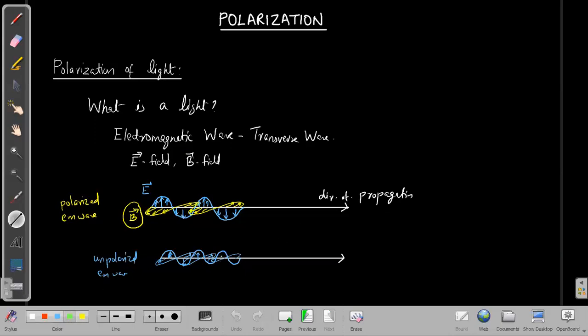Suppose we have kept a wire grid like this in the path of the unpolarized electromagnetic wave. Inside the wire grid there will be plenty of electrons which can absorb the energy of the electric field.